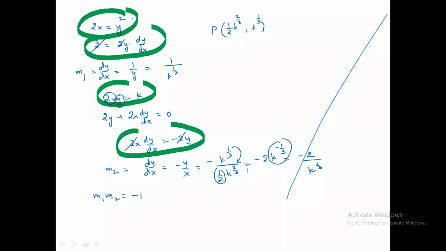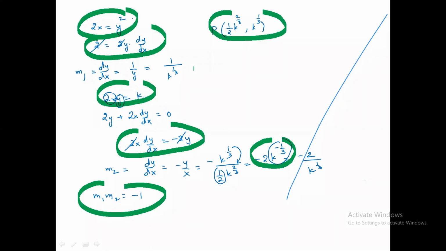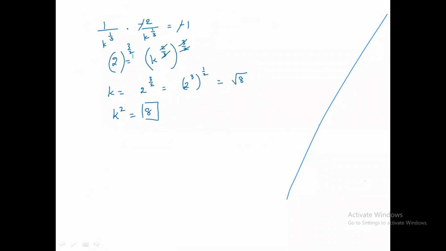And here also while simplifying, I will make it very easy. I will not write this directly. I'll write this. Then M1 M2 equal to -1 also I will not write. I will not write this point again. In the next page also, the first step I will write, then I can avoid this step. I can go to this step.